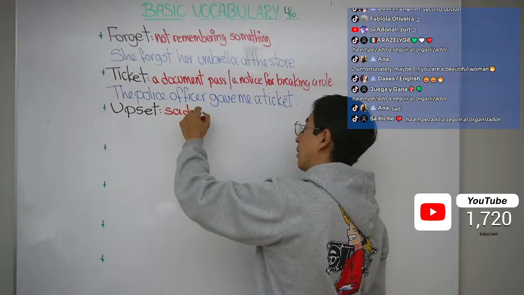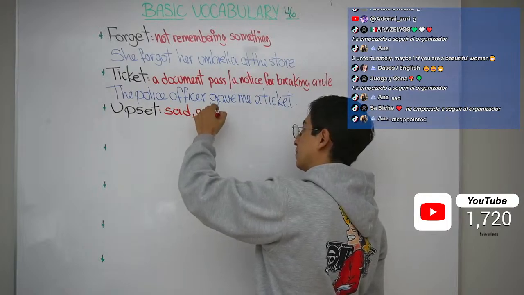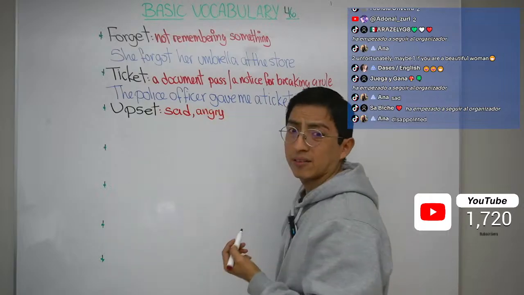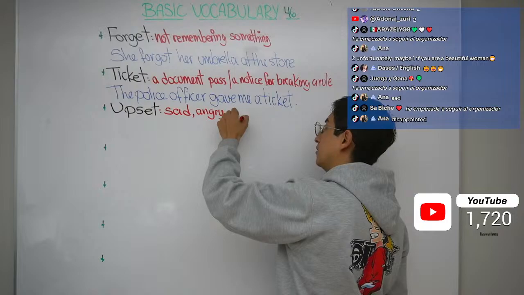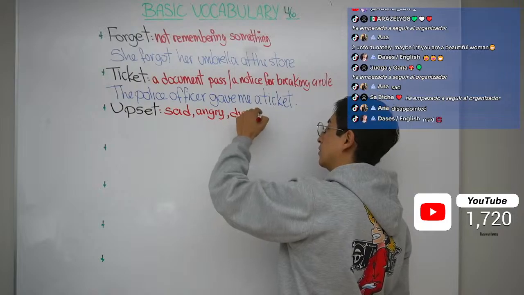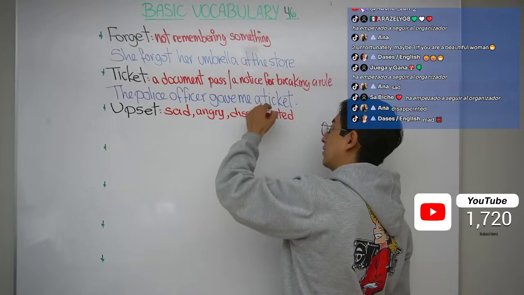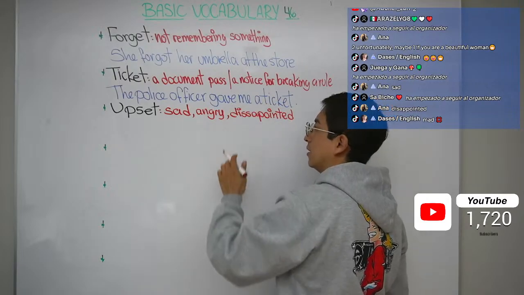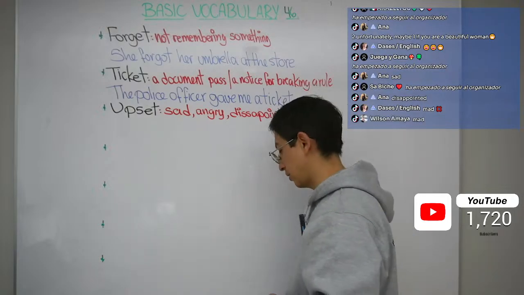Number two, a person that is angry. Okay, that's the second. And number three, we're talking about disappointed. Very good. Okay, guys. So it depends. It depends on the context.